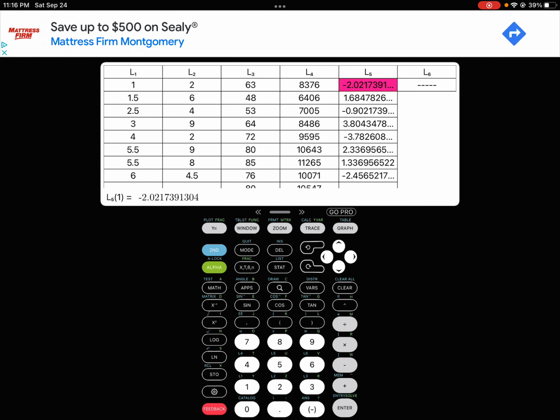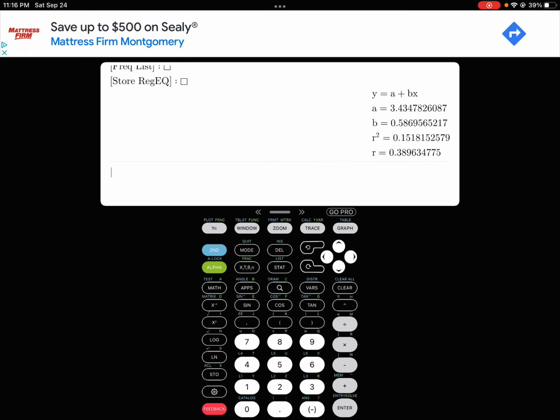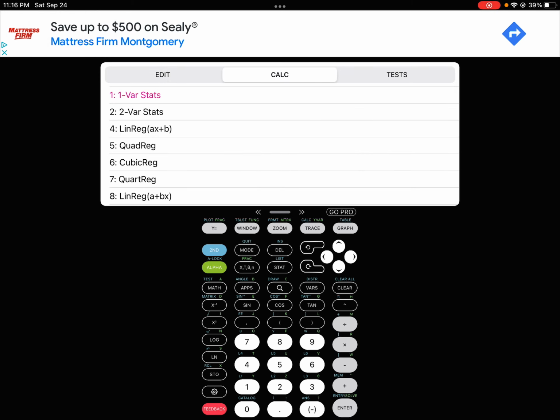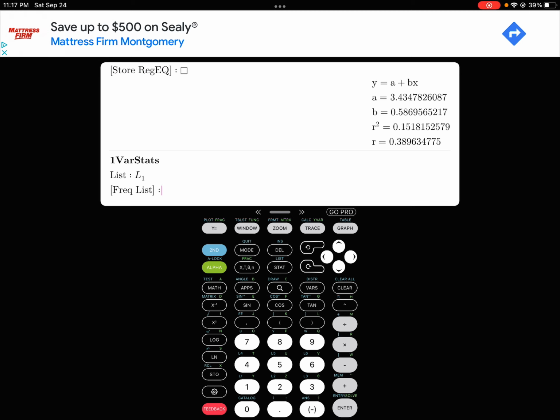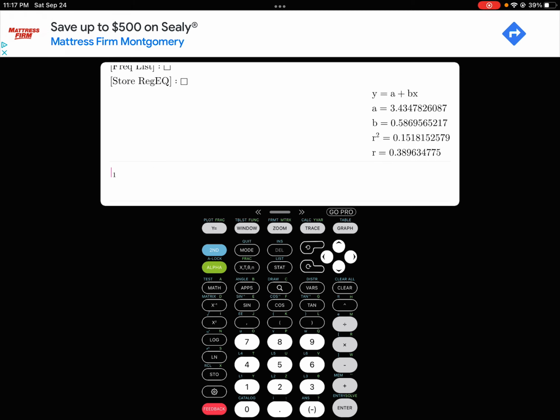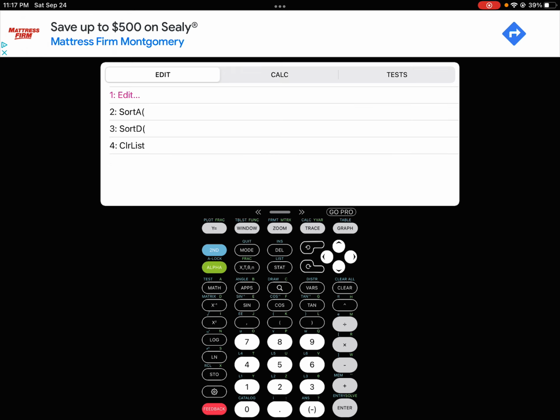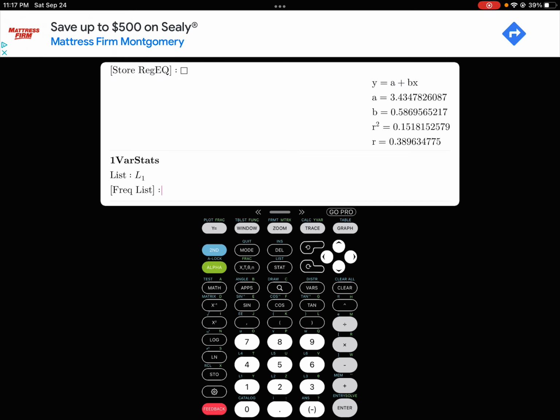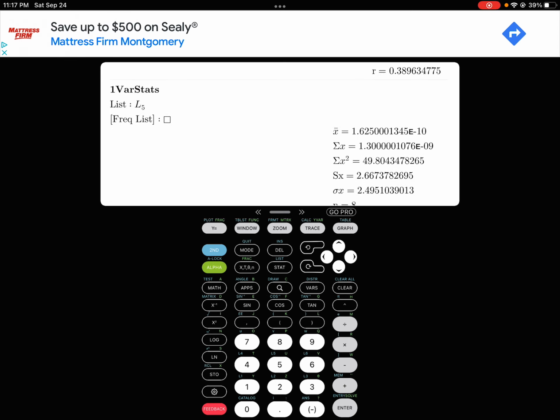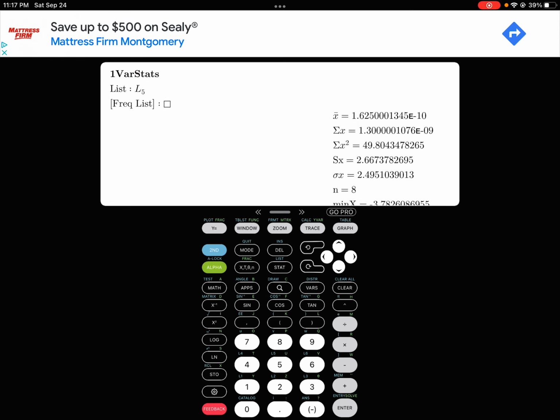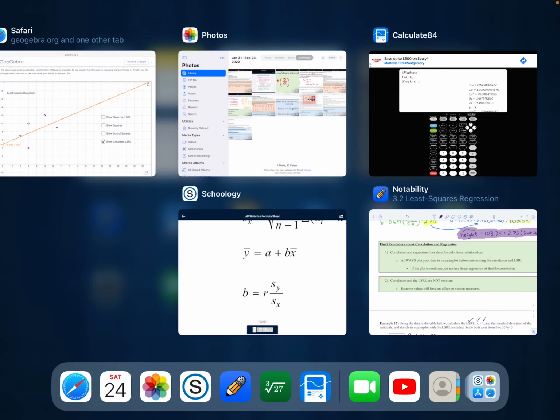And then what we do in order to find the standard deviation, now that all of my residuals are there in list 5, I'm going to do my one variable stats, stat calc one variable stats on list 5. There we go. And I can see that my standard deviation of the residuals is 2.67.